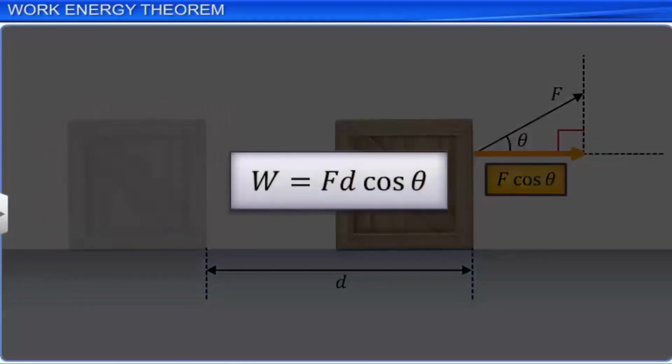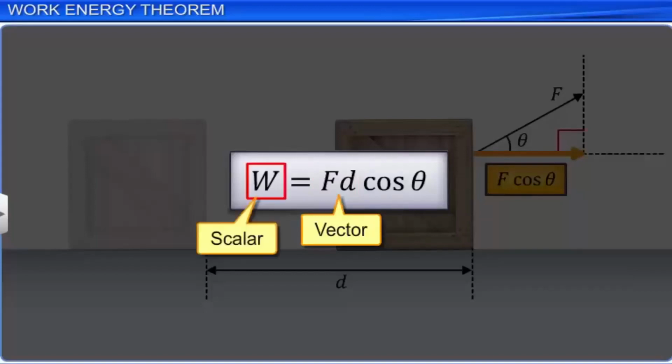Thus, here, the work done on the block by the force is the product of F cos theta and displacement. In this expression for the work done, both F and d are vectors, whereas the product, work done, is a scalar.